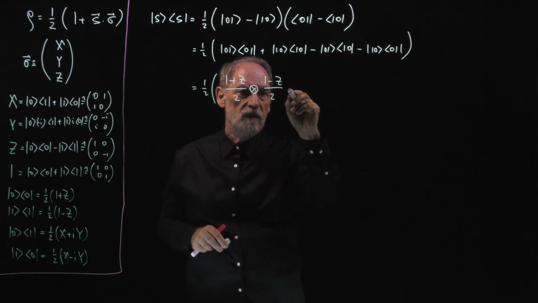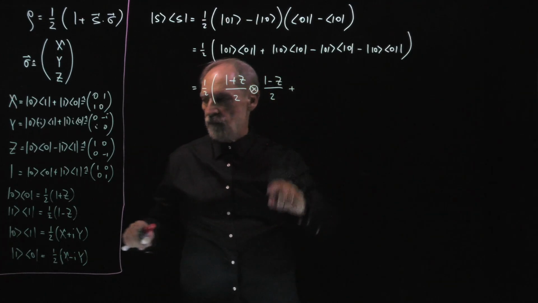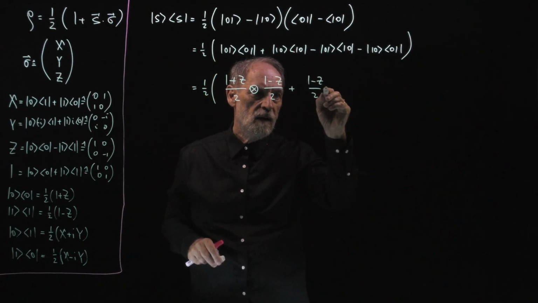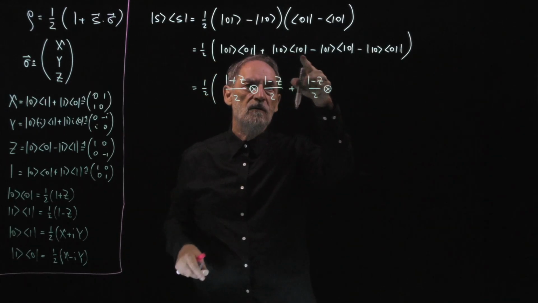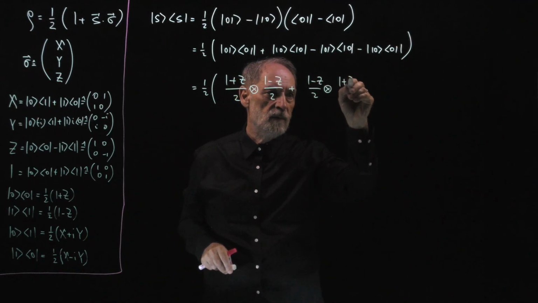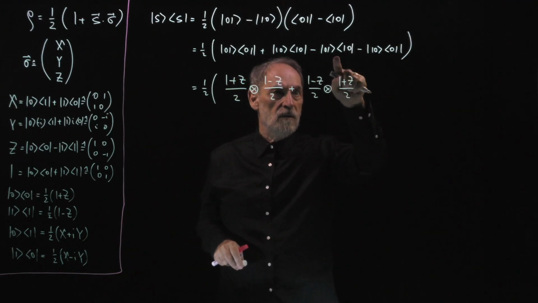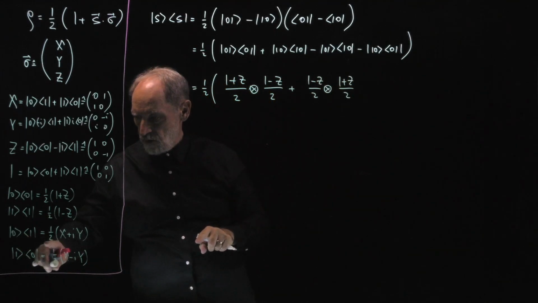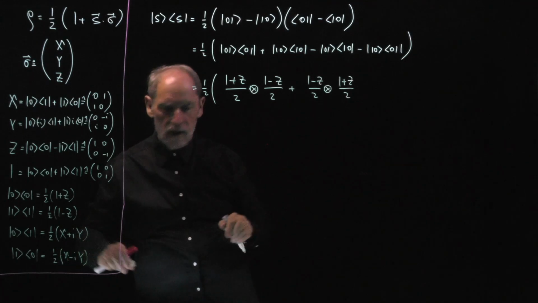Then over here we have 1, 1 for the first qubit, and that's 1 minus z. And we have 0, 0 for the second qubit, so this will be 1 plus z. Looking here, we have 0, 1 for the first qubit. 0, 1 for the first qubit is x plus iy.